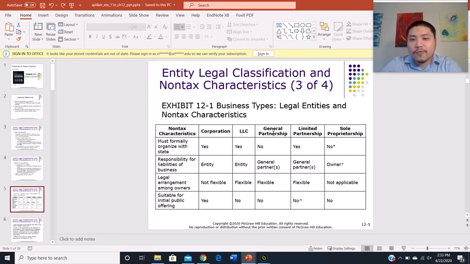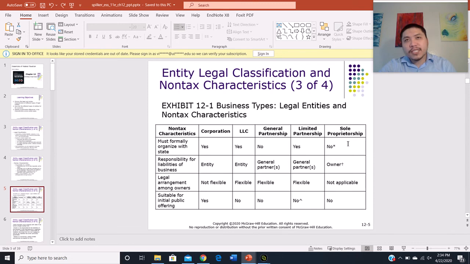And so for a general partnership and for a sole proprietorship, there's nothing legally that the business owner has to file with the state, right? For the case of a sole proprietorship, there's one exception.